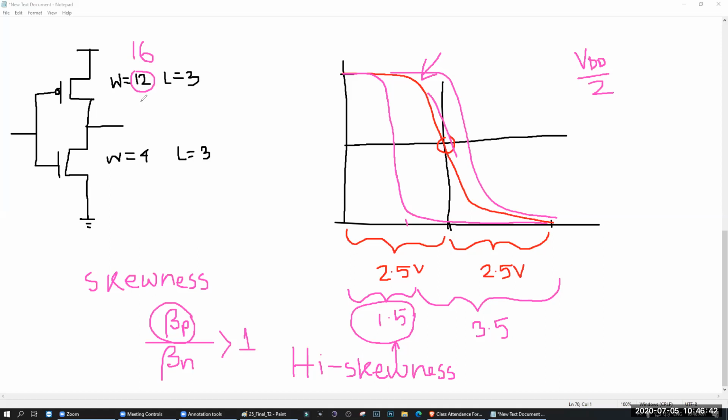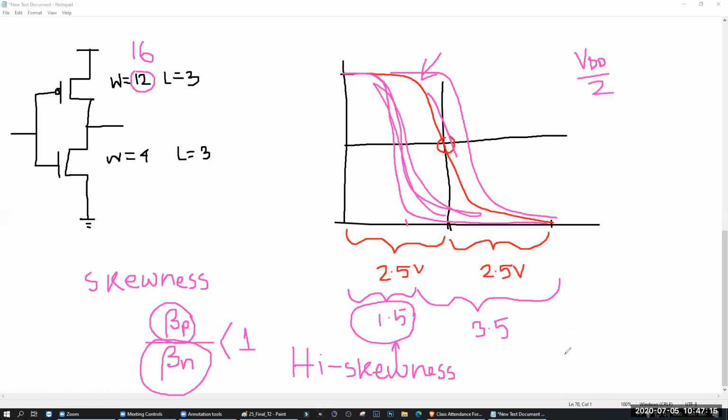So when your beta ratio, that means beta P, is more than beta N, when this is bigger, you will have more than 1. This is bigger means when the value is bigger. That time you will have a graph here. And when the ratio is less than 1, the graph will go through the left side.